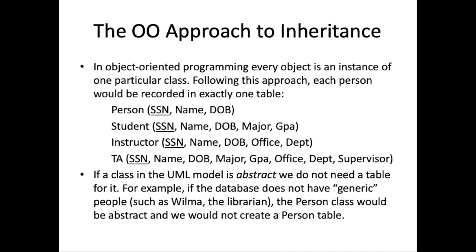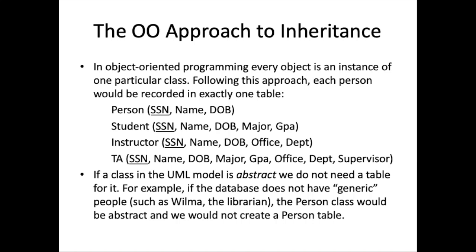And there's a couple different ways that we can go about this. Again, we still have some choices. And if we're thinking from the object-oriented perspective, where in object-oriented programming, every object is an instance of one particular class, then if we follow that approach, we're going to record each person in exactly one table.